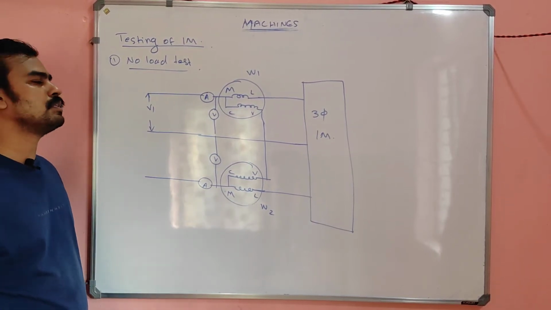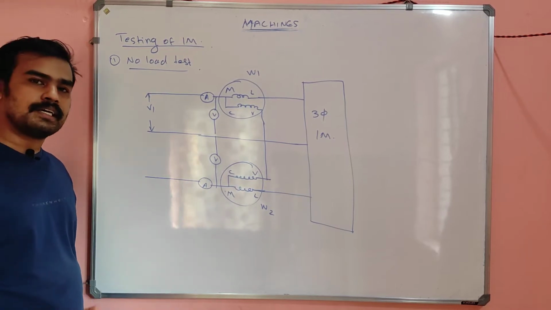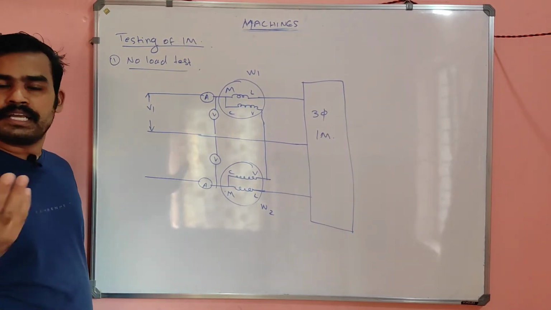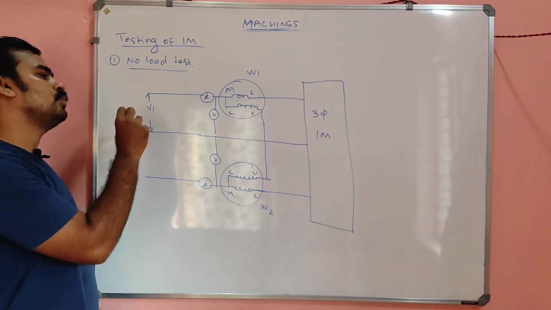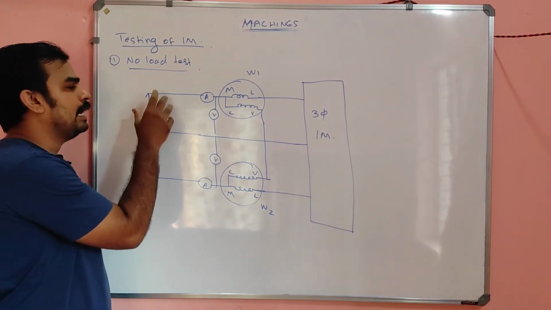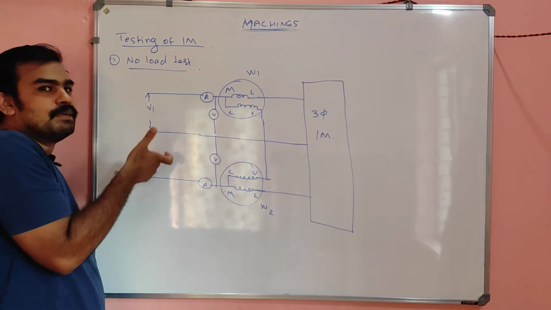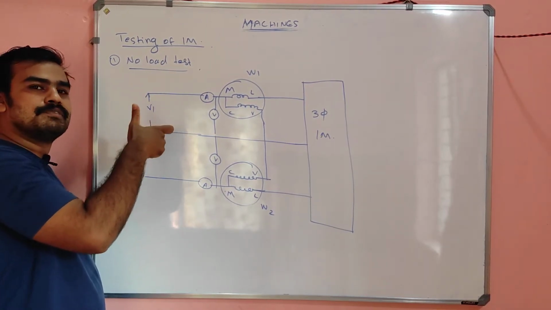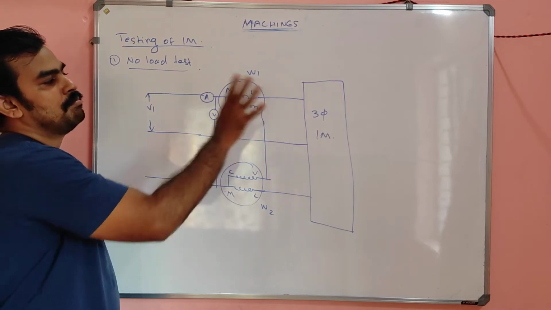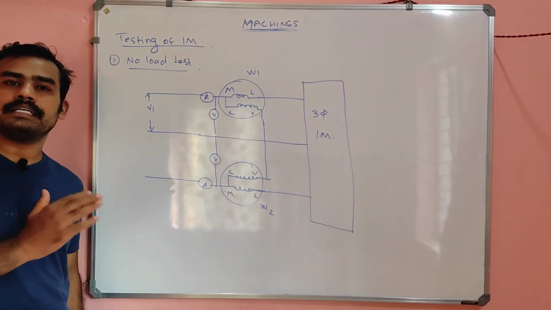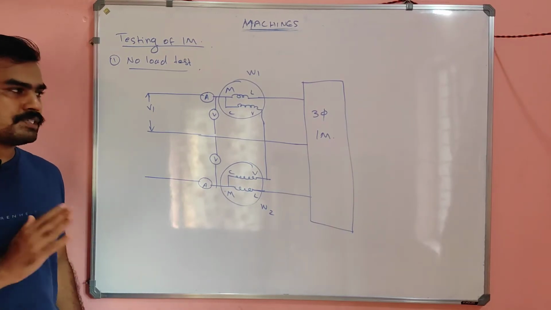Any starter you can use, auto transformer starter, DOL starter, or star delta starter, depending upon the application. We slowly bring it to the rated voltage and make sure that the rotor is running near the synchronous speed or its rated speed.